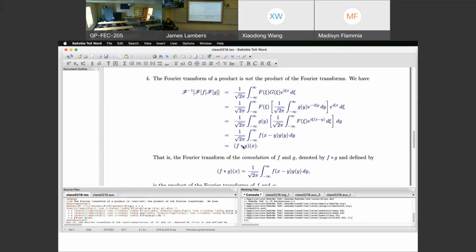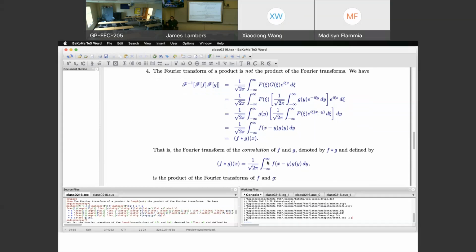F star g results in a function of x, which is what the inverse transform is supposed to be. Because here we have f of x minus y times g of y, and we're integrating that from minus infinity to infinity with respect to y. So y is taken up by the integral. The result of this whole integral depends on x.